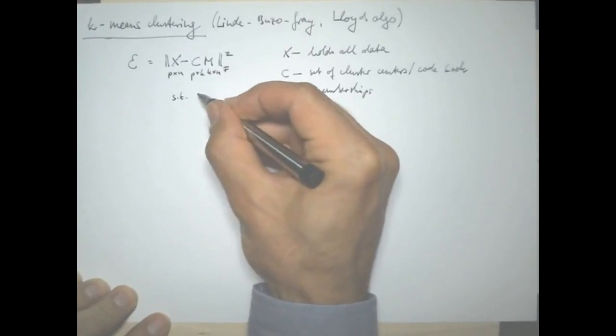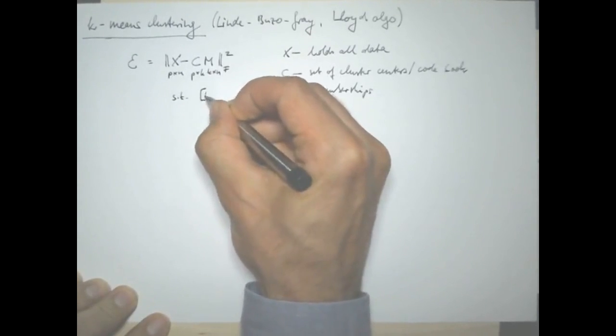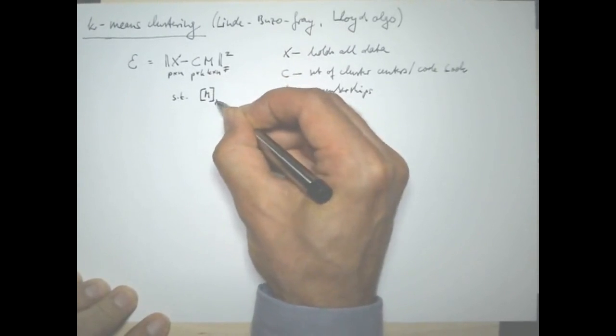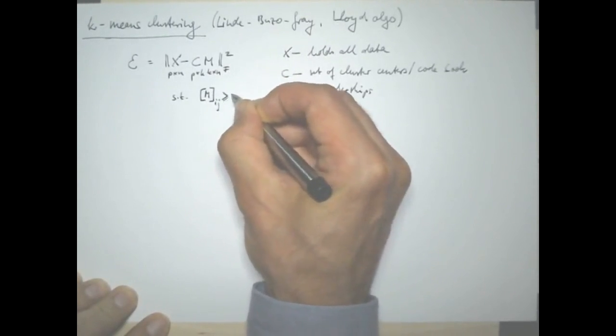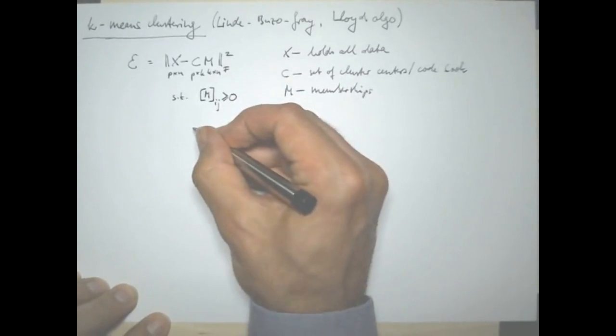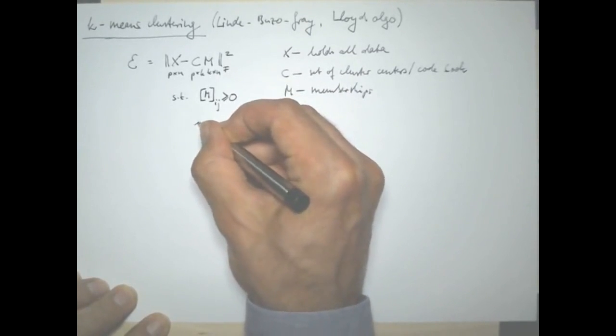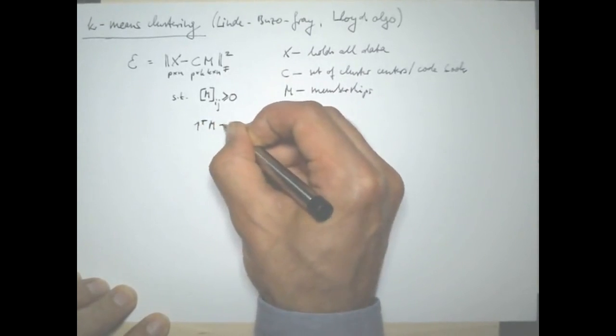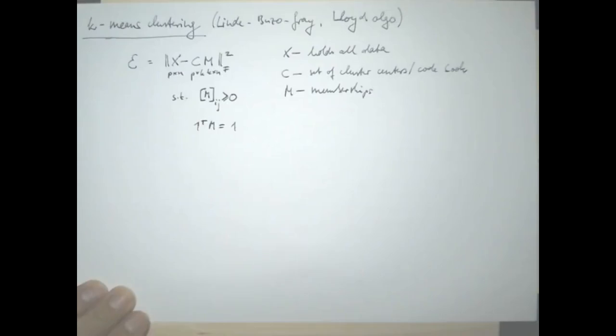I want all memberships to be non-negative, and I want the memberships for each point to sum up to 1.